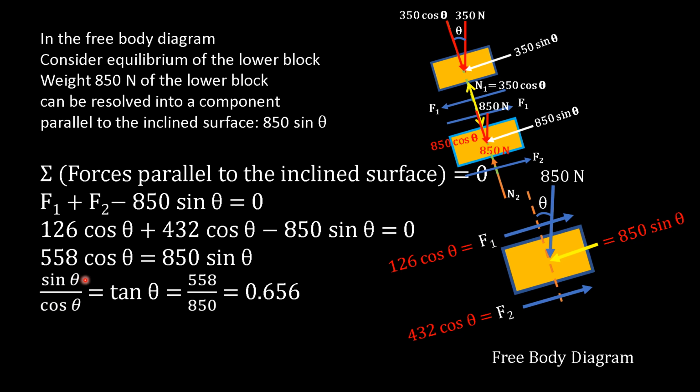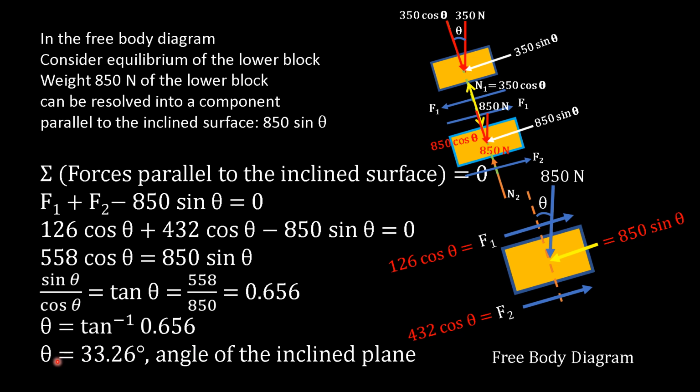So we have sin theta divided by cos theta, which is tan theta, which we can write as 558 divided by 850, which becomes 0.656. So theta becomes tan inverse of 0.656, which gives us theta equals 33.26 degrees, which is the angle of the inclined plane.